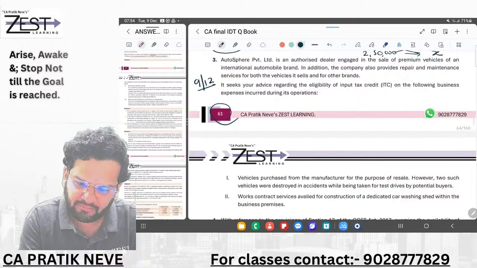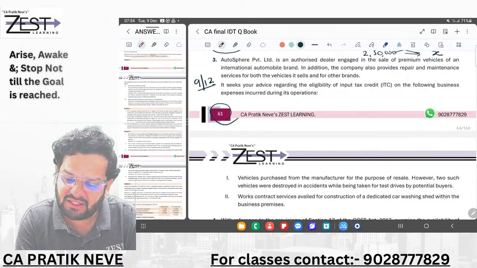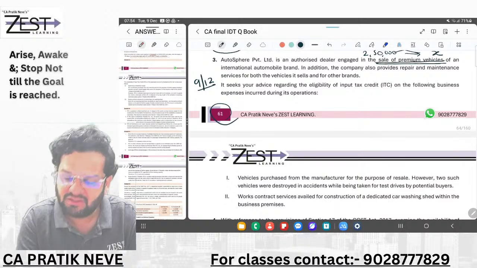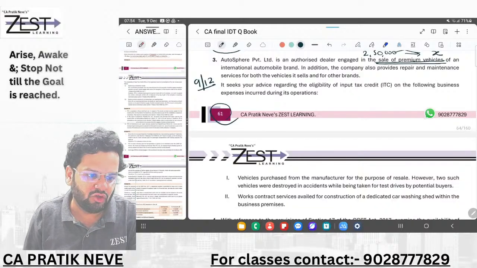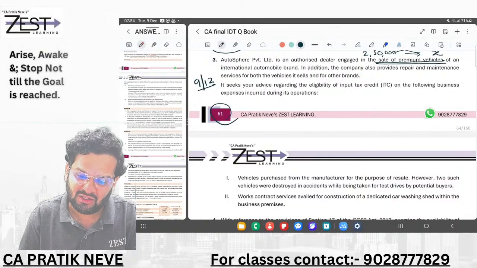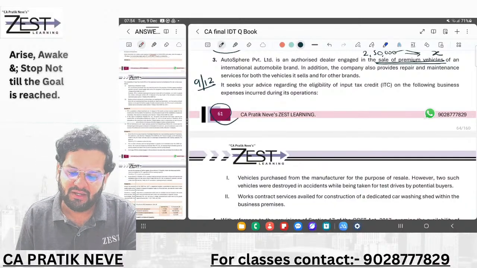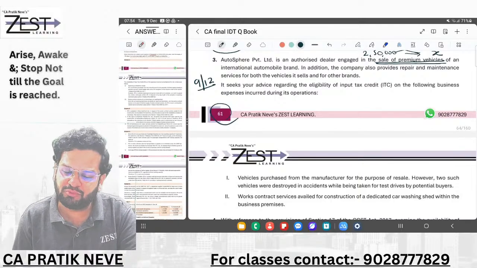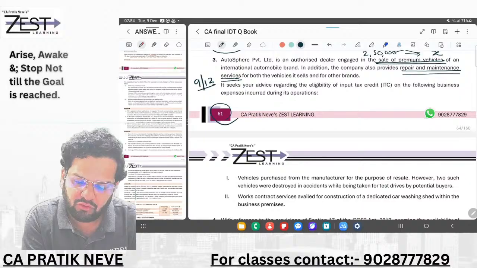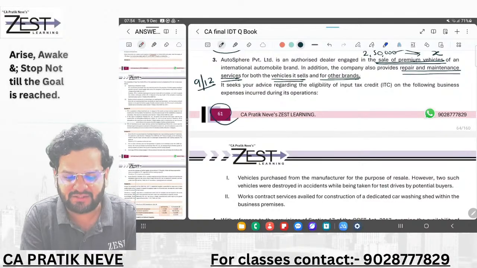Autosphere Private Limited is an authorized dealer engaged in sale of premium vehicles. So what's your business? Your business is selling vehicles of an international automobile brand. In addition, the company also provides repair and maintenance services for both the vehicles it sells and for other brands.